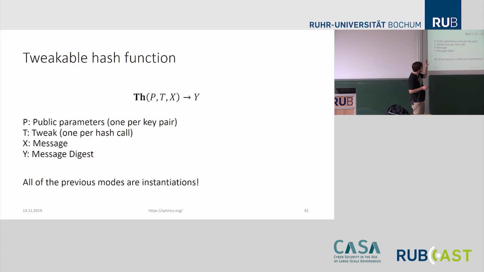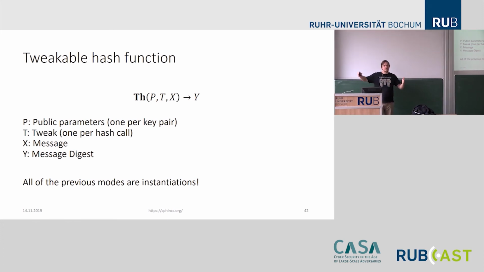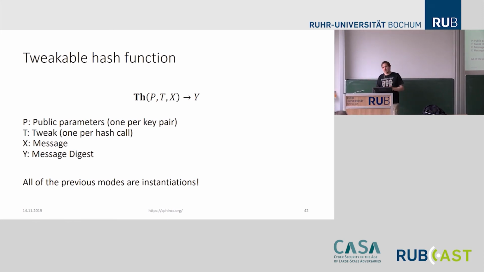And thereby you make every hash function call actually independent. So the public parameters make key pairs independent from each other, and the tweak makes every hash function call in your scheme independent of the other one.